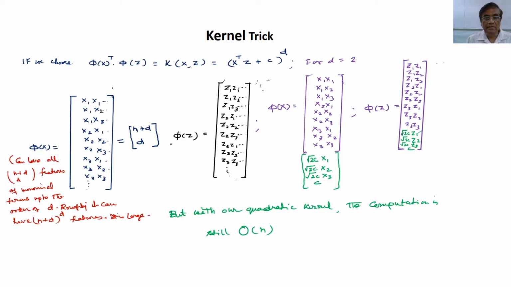In general form, we write the polynomial kernel function, adding a constant c and making the order d. Then you can see what phi x will be.